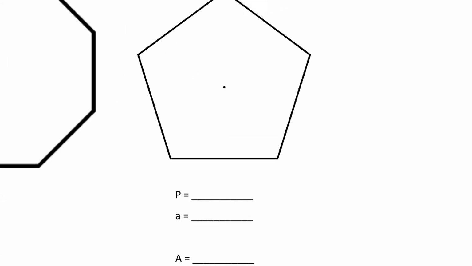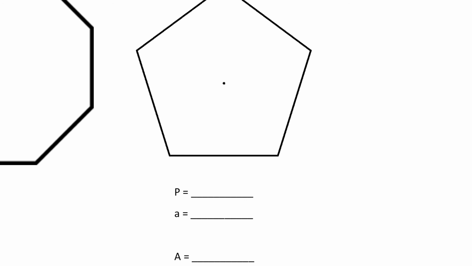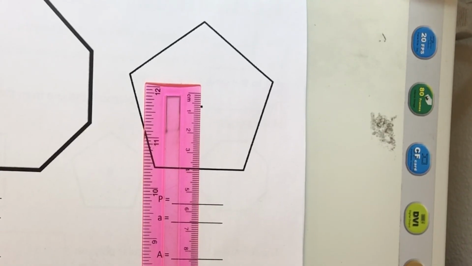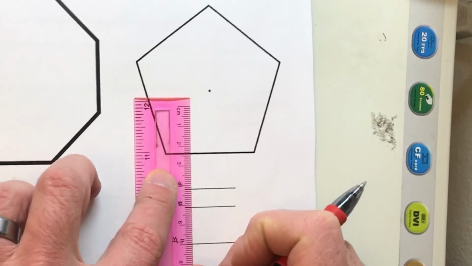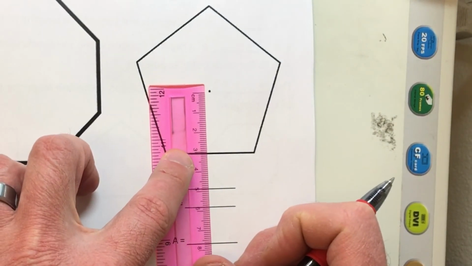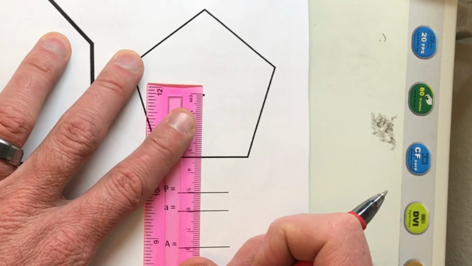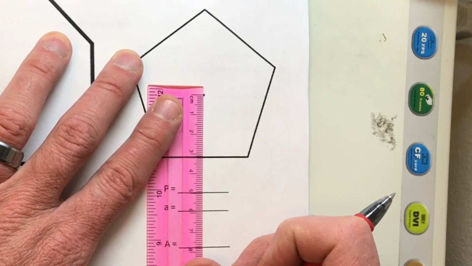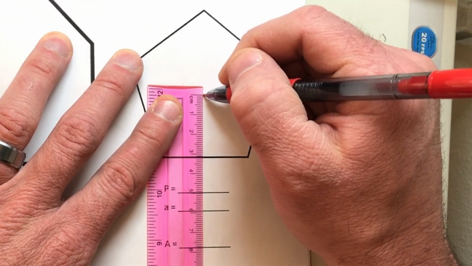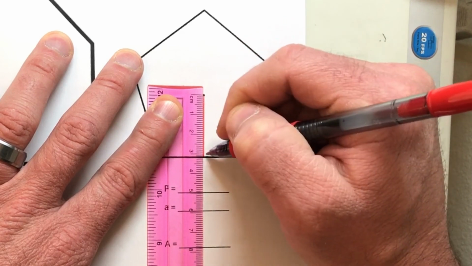All right, on the back, let's actually measure one. So let's look at this pentagon on the back here. Right, so using centimeters, let's measure the apothem and try my best to make this as perpendicular to that as I can.